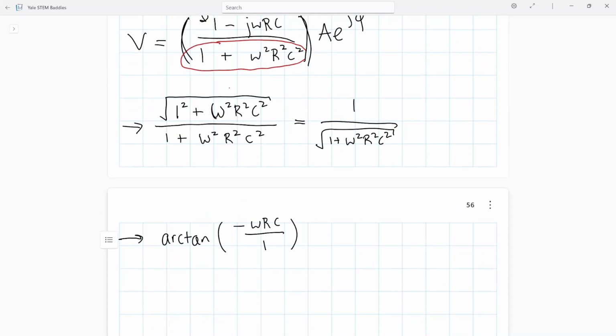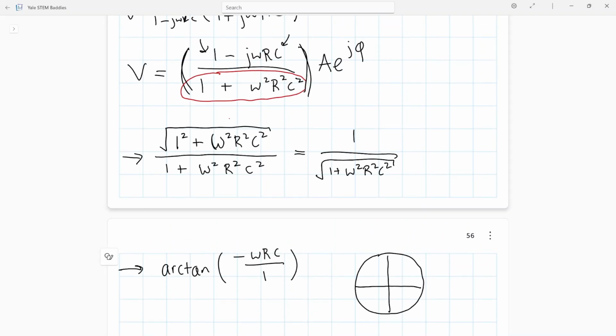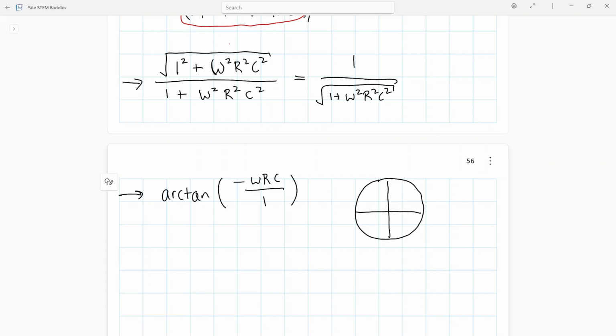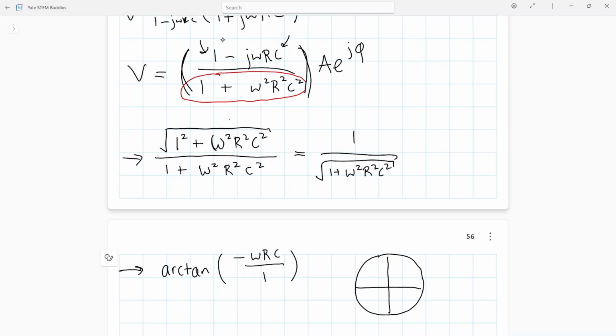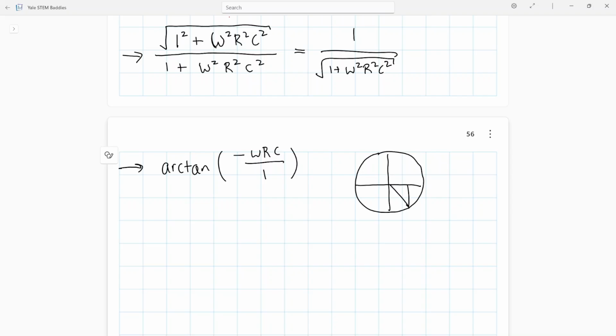Now we need to think about whether we need any correction on the unit circle, because arctangent has a restricted output. Because our imaginary part is negative omega rc and our real part is positive, we are in the fourth quadrant, and our angle is some negative angle.